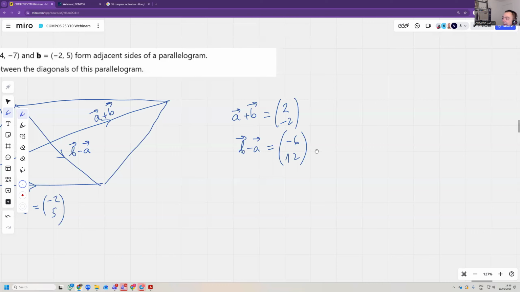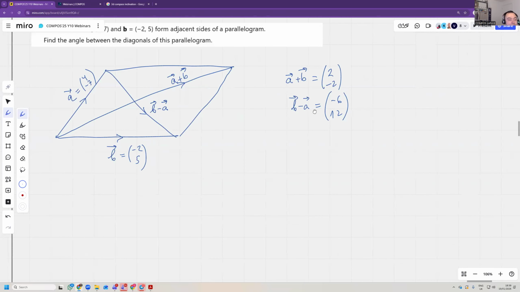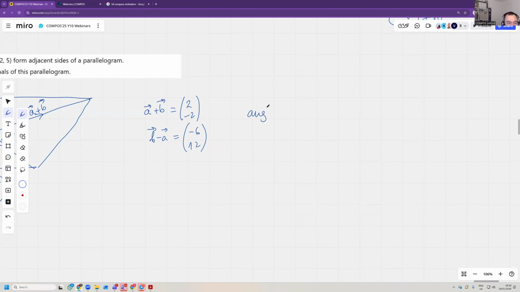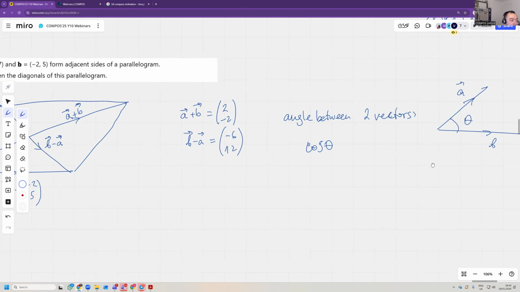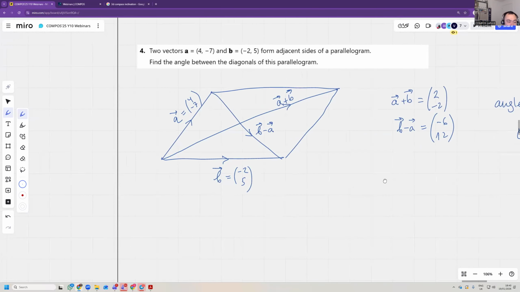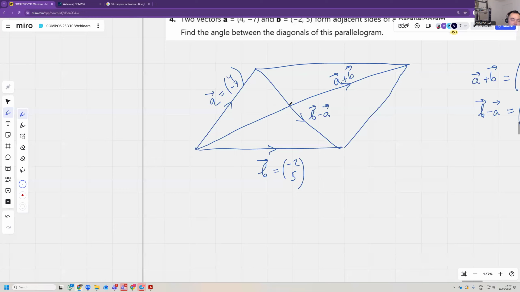To find the angle between two vectors, we have vector A and vector B. If you want to find the angle between them, it doesn't matter whether you take A minus B or B minus A. We're looking for the angle, so we can find this angle or this angle.